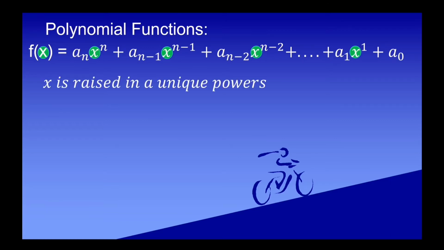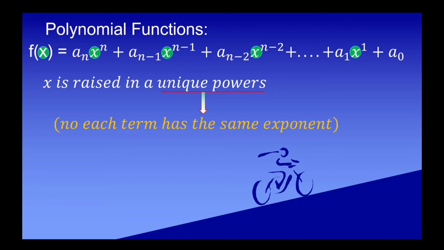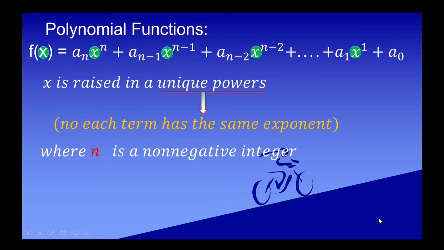And we notice that x is raised to a unique power. So what do you mean by unique power? It says that no two terms have the same exponent. So, hindi dapat magkapareho ang ating exponent sa bawat term. And also, n is a non-negative integer.